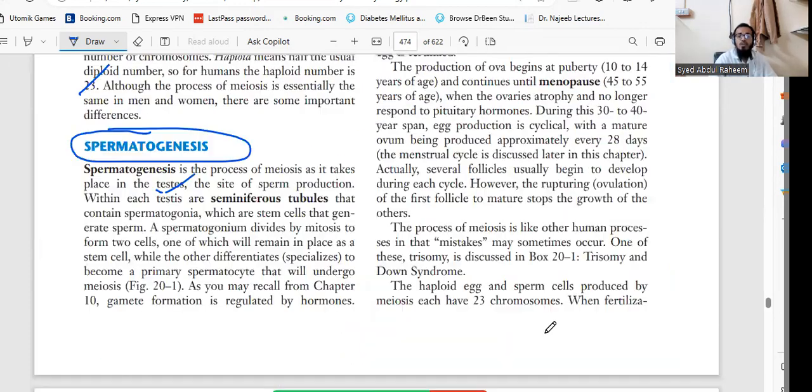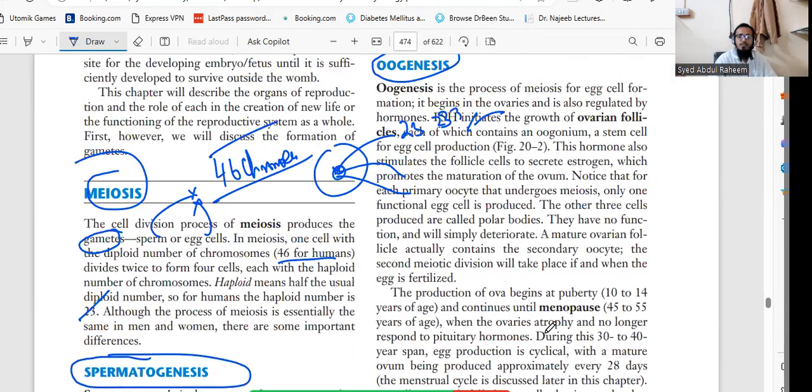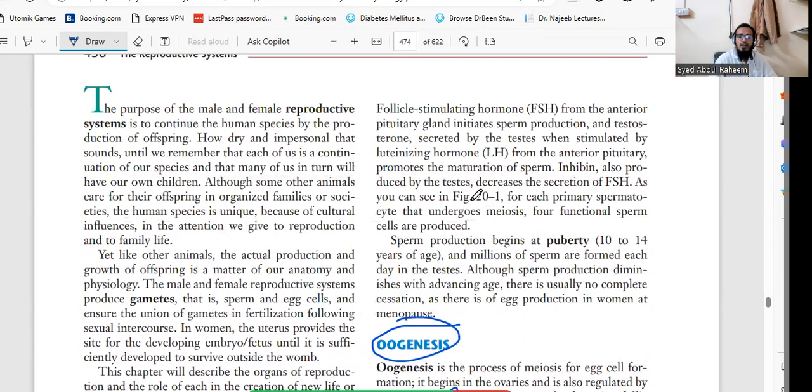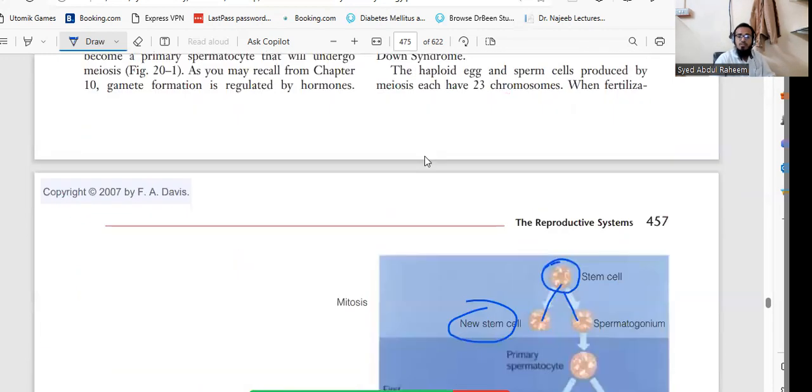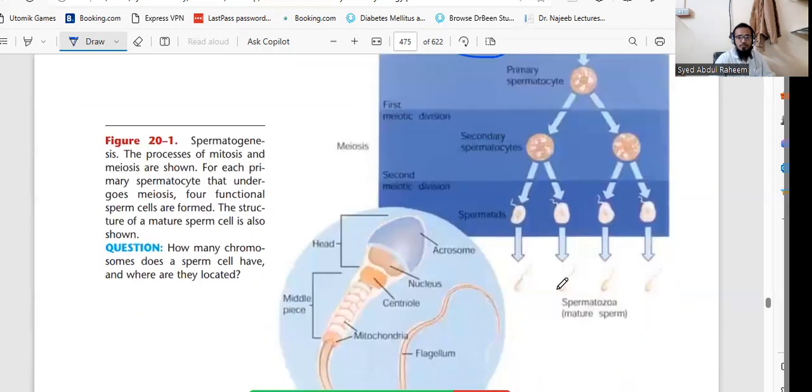For this, we need two things, that is, FSH hormone and LH hormone. Because FSH hormone, it will inhibit sperm production. But LH hormone stimulates the testosterone in the testes, which will begin this process.